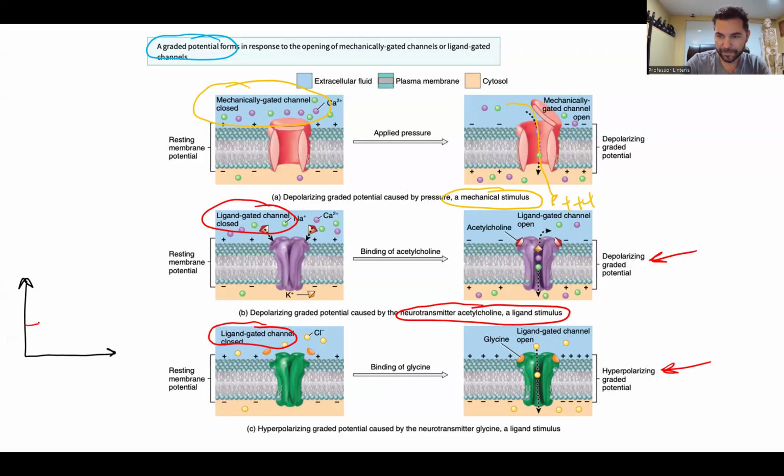A depolarizing stimulus would go up, a hyperpolarizing stimulus would go down. In this case, this channel opens up and allows more negatives to come in. What would that do? Make the cell more negative and thus a hyperpolarizing graded potential. Simply put, graded potentials are small blips in the change of the membrane. They could be positive or negative depending on the channel being opened.